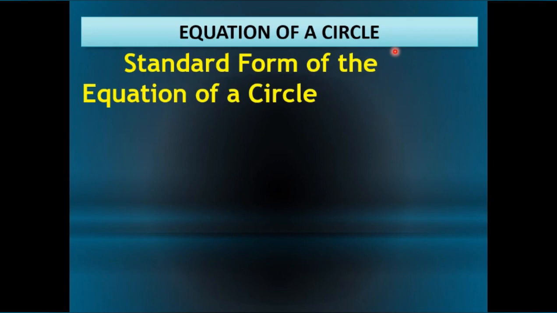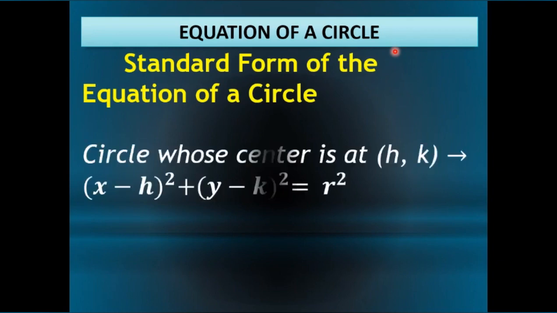So again, the standard form of the equation of a circle, if the center is at h, k, is the square of x minus h plus the square of y minus k equals r squared.